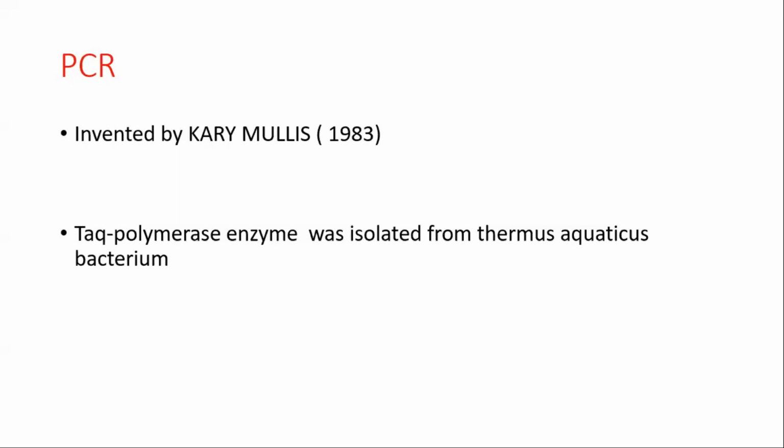So it was invented by Kary Mullis in 1983, and he mainly used Taq polymerase enzyme from Thermus aquaticus bacterium. The specialty of the Taq polymerase enzyme is that it can withstand high temperatures, around 95 degrees Celsius.